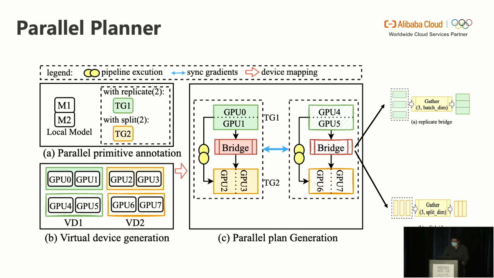Since we are applying different strategies to different task graphs, there may exist input-output mismatch between task graphs. In such a case, the planner will try to insert the corresponding bridge layers automatically between the two task graphs. Here, the bridge layer gathers the distributed tensors and then feeds them into the next task graph.